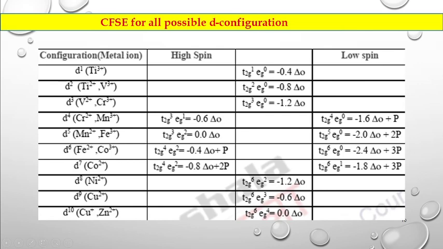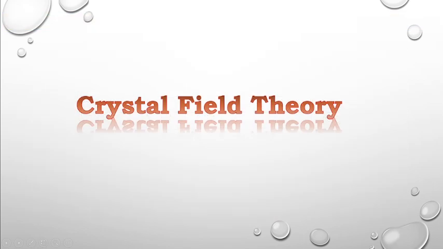But for d4, d5, d6 and d7 we have already told that there will be two possibilities depending upon the pairing energy and delta naught. It will be high spin or low spin, and we need the crystal field stabilization energy for high spin and for low spin.